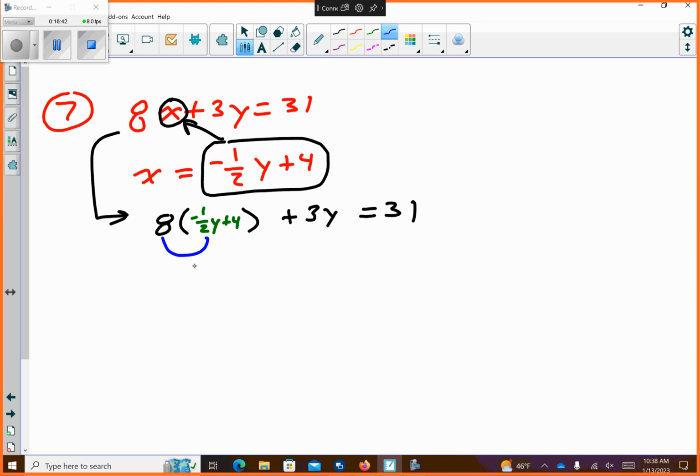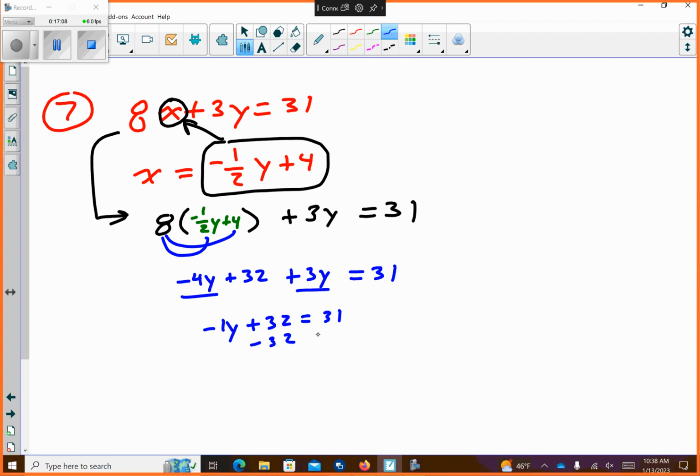What is half of 8? 4. What is negative half of 8? Negative 4. And then plus 32, plus 31 equals 31. Those are like terms. Negative 1y, very good. Or just negative y, you could put it as well.